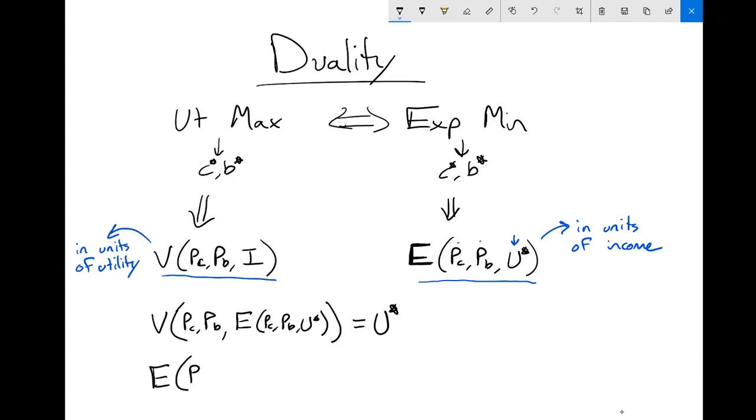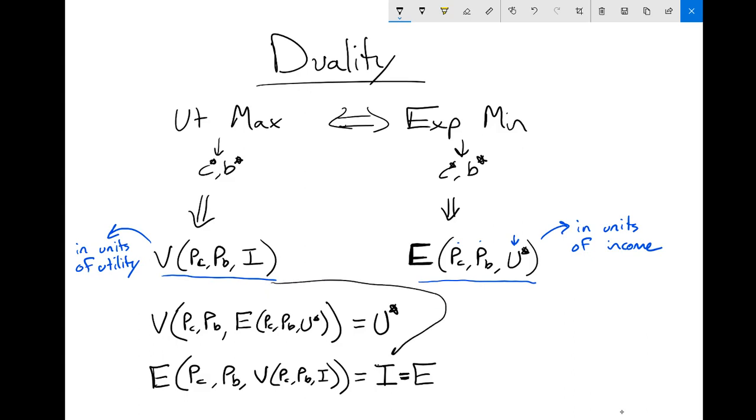If I take the expenditure function and I plug in the value function, or the indirect utility function, this will give me an income equal to the amount that the expenditure function would give. That is, this will give me the same amount of income as we assumed in the value function maximization process. So these two things are kind of inversely related to each other.